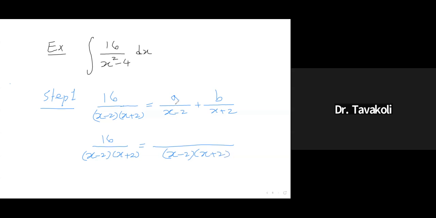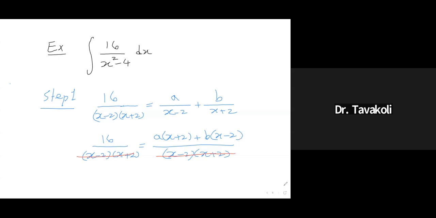So the new numerator for the first fraction is a times x plus 2. For the second fraction, b times x minus 2. Now the two denominators are the same and the two sides are identical.